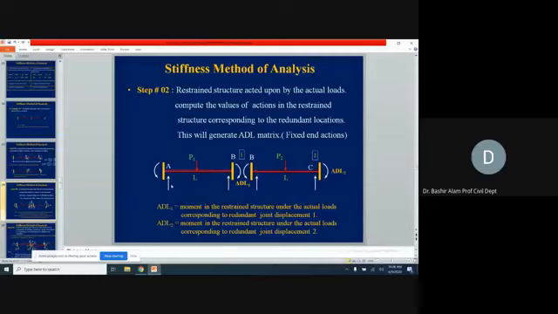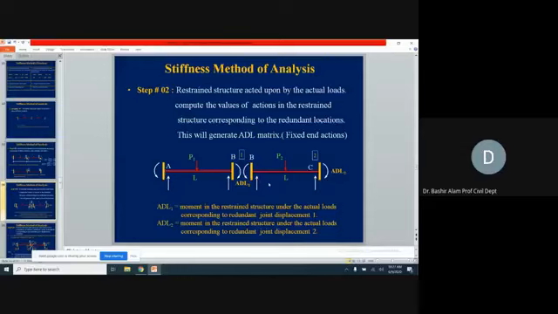So this restrained structure, we put under the actual loads, which were P1 and P2. One way of doing this, if you don't want to split this, you just show the B support in the middle, connected with A by a member and connected with C by a member, and then inside it you show an arrow in this direction. So that way also you can do.